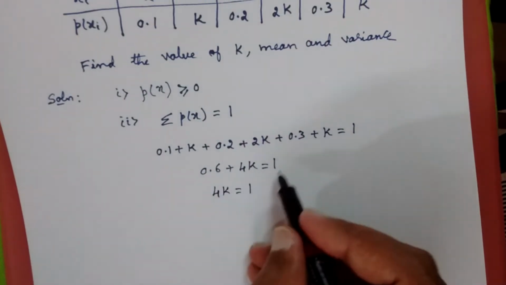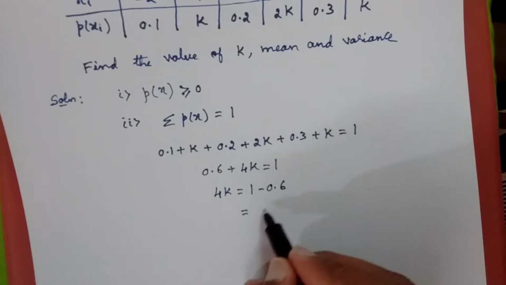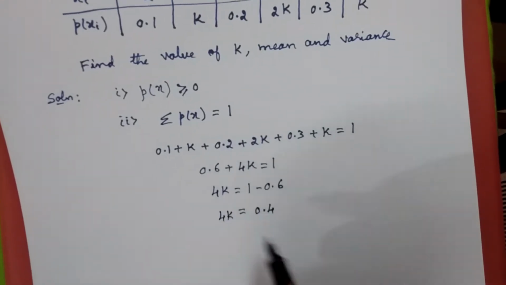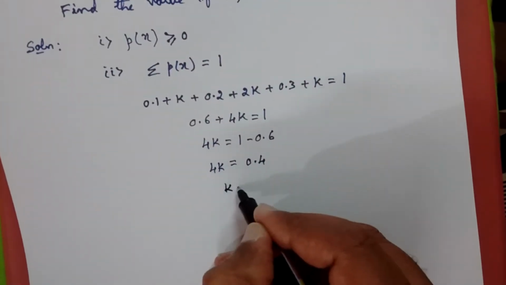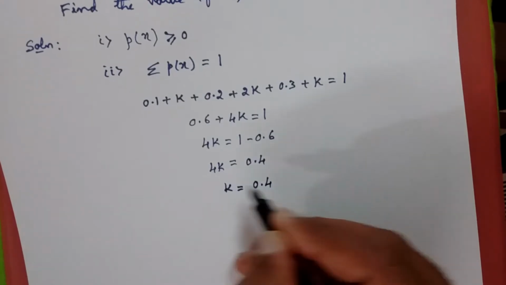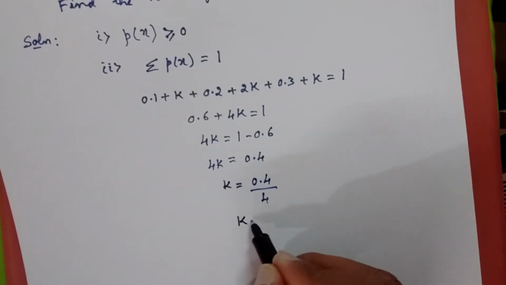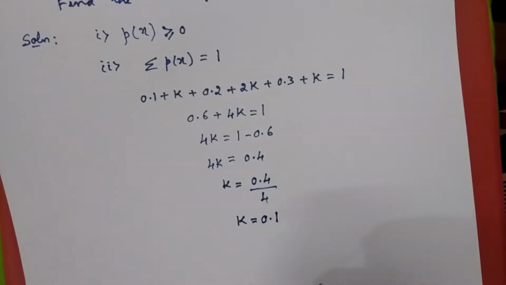Take this 0.6 to the other side, it becomes minus 0.6, so 1 minus 0.6 is 0.4. So we get 4k equals 0.4, and dividing by 4, the value of k comes out to be 0.1.